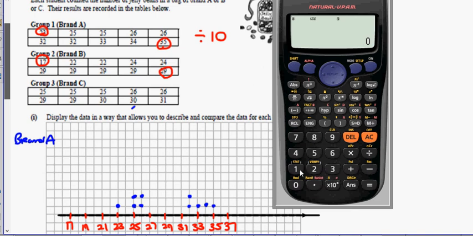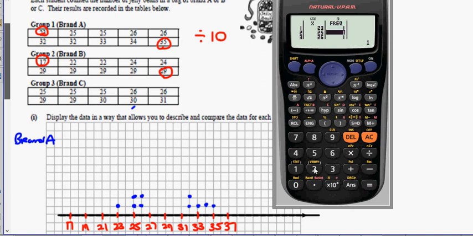You got the shift, stat, data, okay, and you start deleting your old data from the last question. You write down 23, you write down 25, 26, you write down 32, 33, 34, and 35. You go back up. How many 23s did I have? 1.